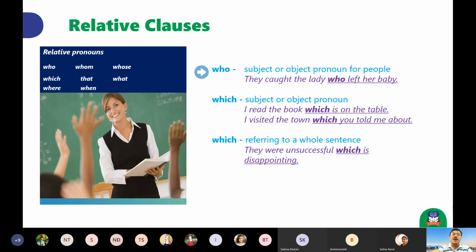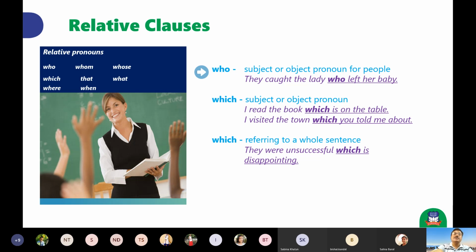Like, I visited the town which you told me about. Object. Okay. So this town is a place, but where is not used here. Here it is used which. Why? Which you told me about. From the structure you see something different. So this way which can be used for subject or object.